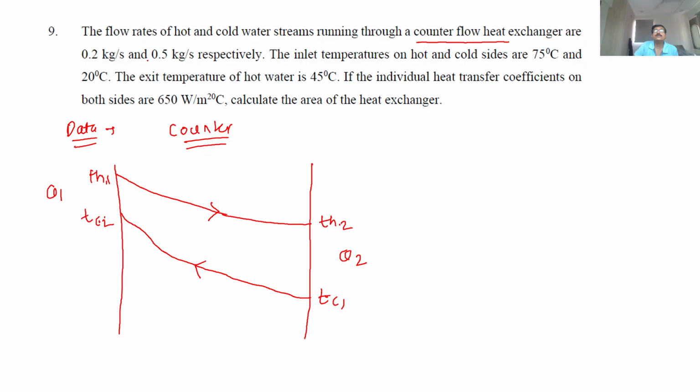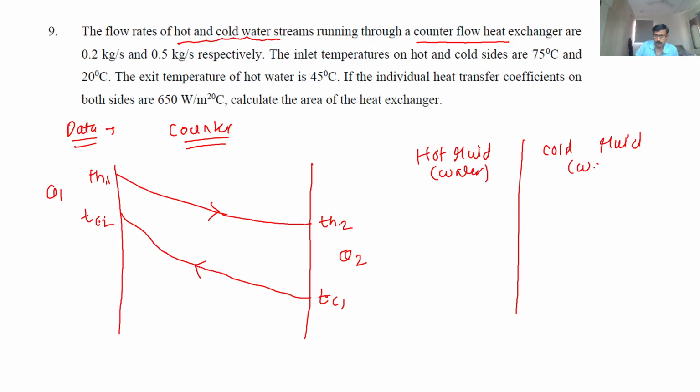Now you have to make two columns, as I said in the first problem. Hot fluid column and then cold fluid column. Both hot and cold water. So both fluids are water. So their specific heat is known to us, that is the standard value 4.187 kilojoule per kg Kelvin, but you are not substituting kilojoule, you have to take it as 4187 joule per kg Kelvin.